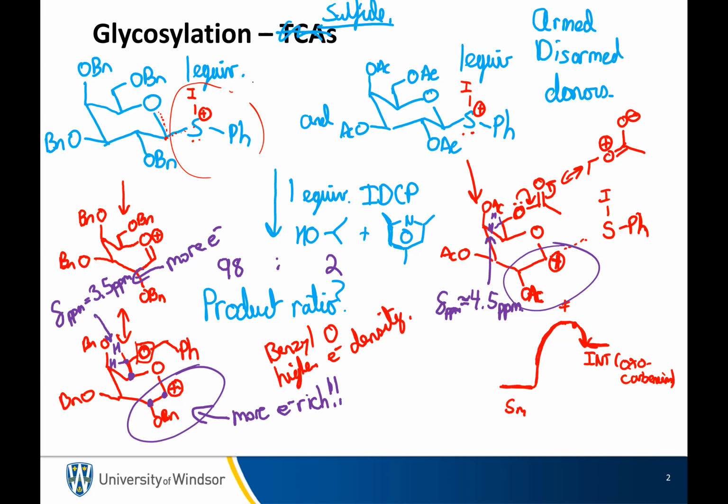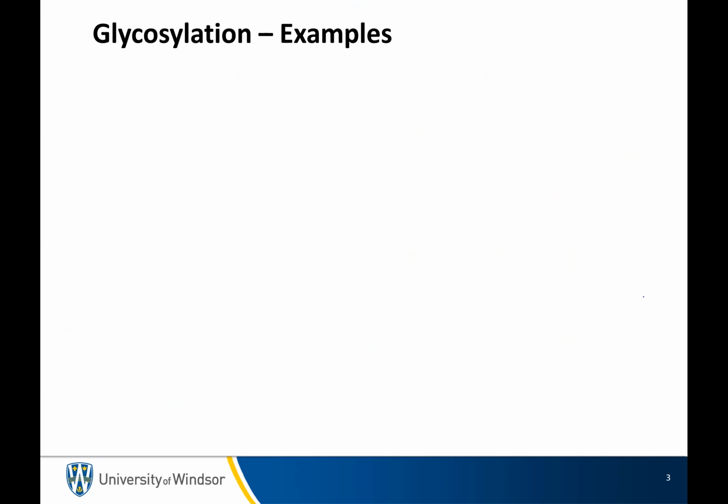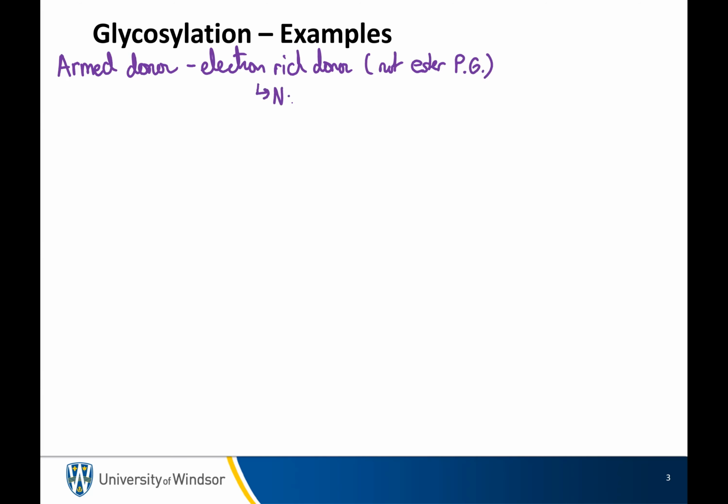And what this concept comes down to is this armed-disarmed concept. An armed donor is an electron rich donor. So not ester protecting groups. And this is almost always driven by the nature of protecting groups.